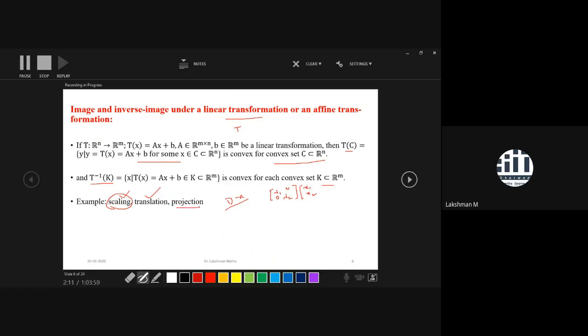Similarly, projection. What you do in projection is try to nullify a few directions. If you are in R2, then you can project every R2 point along a particular line. Suppose you want to project every R2 point onto a particular line, and suppose this line has direction (1, 1).